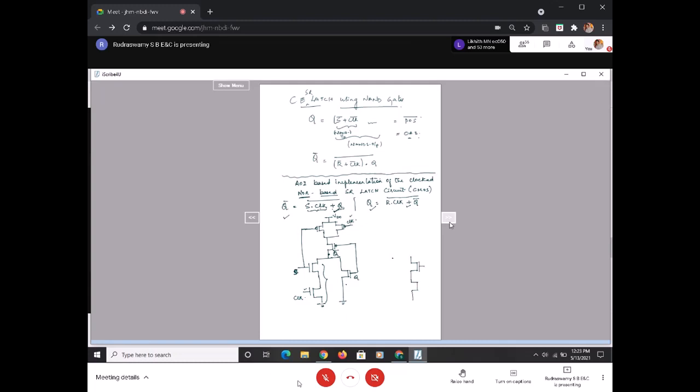This is my R and this is my clock again, and that should be in parallel with what? What is this input now? Q bar. It is Q bar, right?